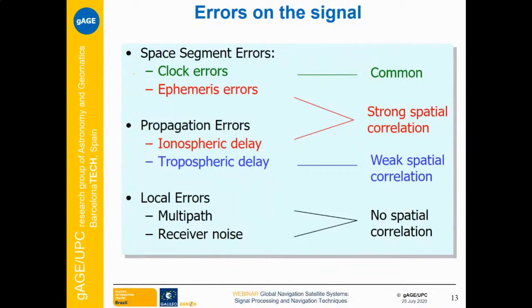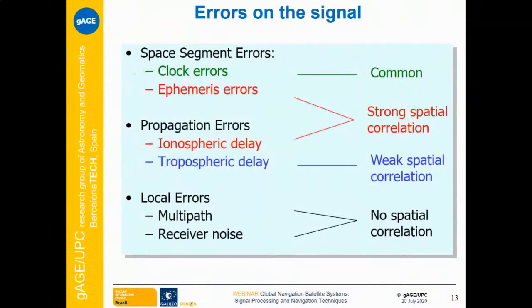Then we have the propagation errors, where we distinguish between the upper layer of the atmosphere, the ionosphere, and the lower layer of the atmosphere, the troposphere. And then we have local errors at the receiver or the antenna of the user, depending on the surroundings or the particular environment.